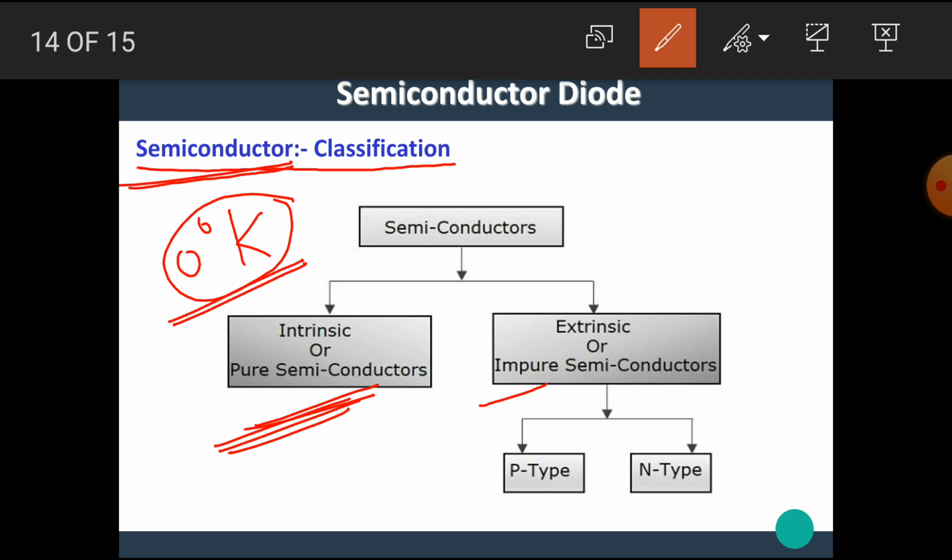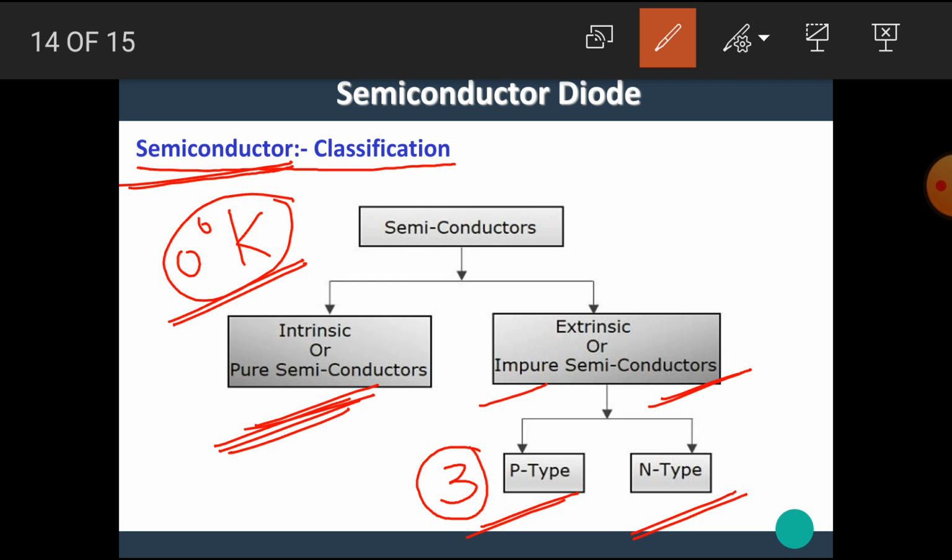By using this doping process, we can classify the extrinsic semiconductor materials into two types: p-type semiconductor material and n-type semiconductor material. The p-type semiconductor material is the semiconductor material in which a trivalent impurity is added. A trivalent impurity means materials whose outermost orbit contains 3 valence electrons.